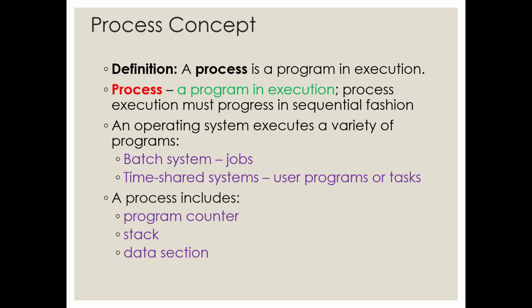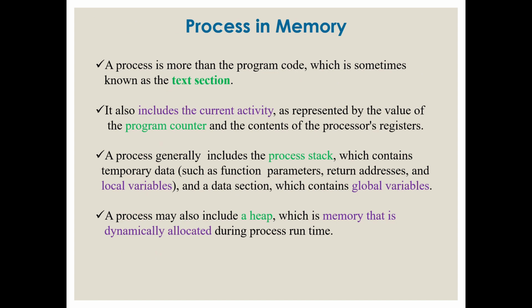An operating system executes a variety of programs: batch systems, time sharing systems. A process can also include the program counter, stack, and data section. In memory, there is the program code, which is sometimes known as the text section.